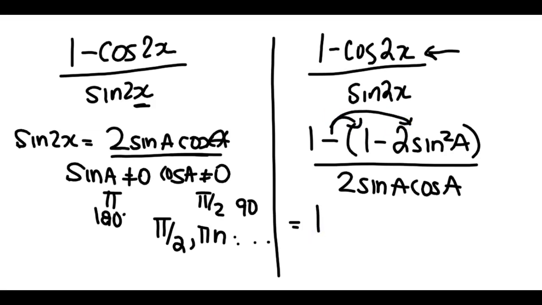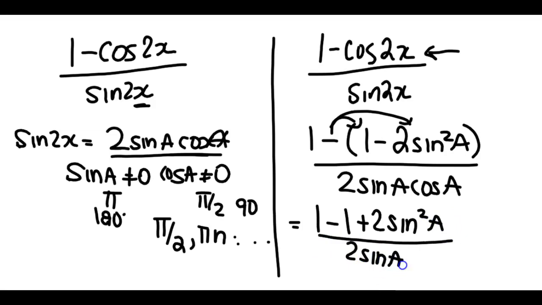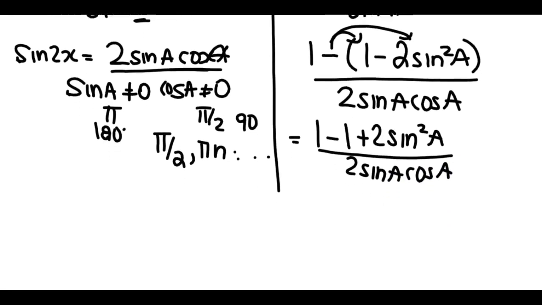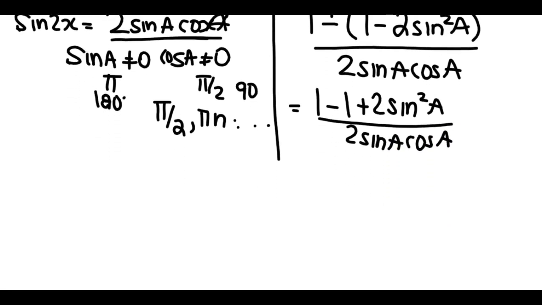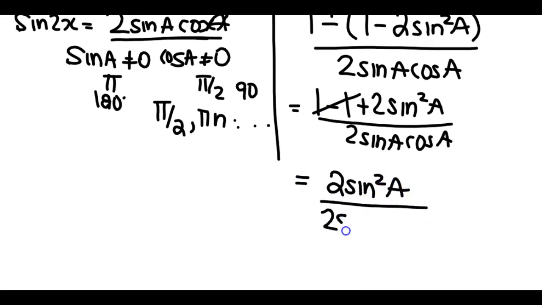So we have 1 minus 1 plus 2 sine squared A, all over 2 sine A cos A. Okay, 1 minus 1 is 0, so those are just gone. Then you end up with 2 sine squared A, and you have a 2 sine A cos A here.